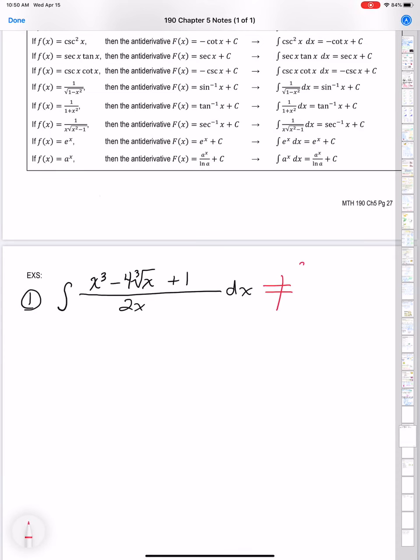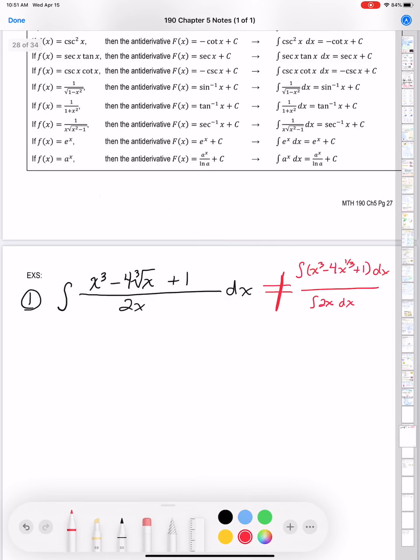Do not think that you can just take the antiderivative of each term in the numerator and divide that by the antiderivative of the denominator. This is something we need to be careful not to do.